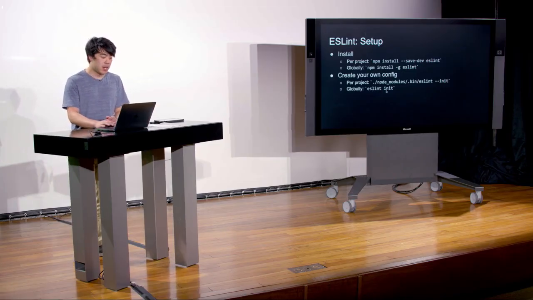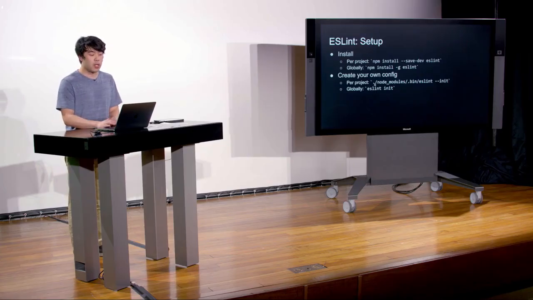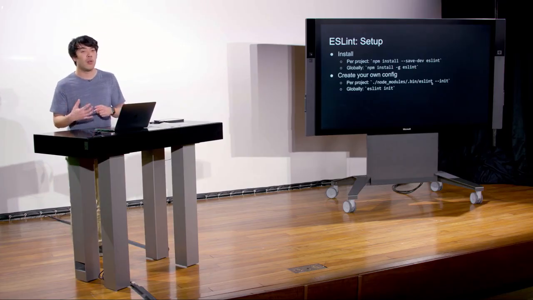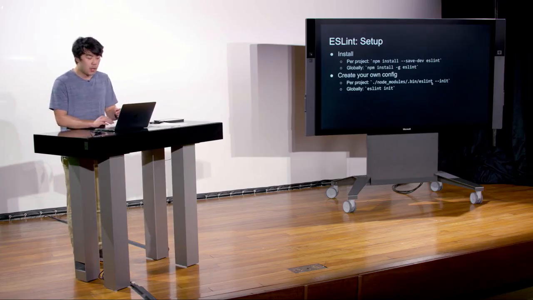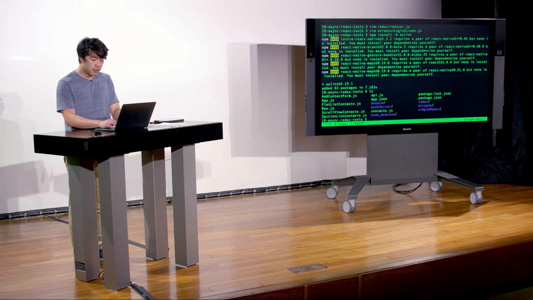Or we can do it per project. So we can do ./node_modules/.bin/eslint, which is where that ESLint script happens to live, and then initialize it. So let's go ahead and do that. I can do ./node_modules/.bin/eslint and then --init.